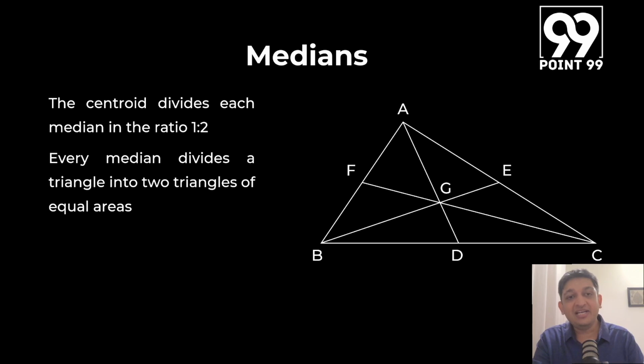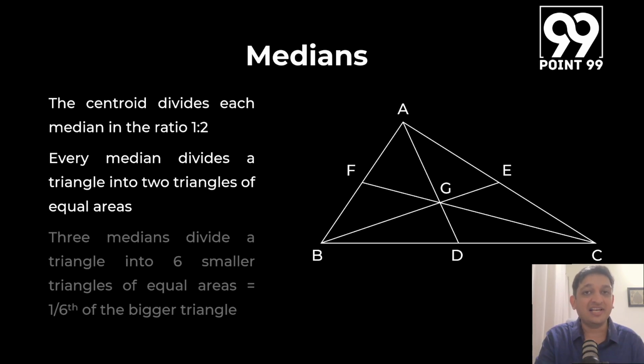Also, every median divides a triangle into two triangles of equal areas. If you look at the median AD here, the two triangles so formed, ADB and ADC, will both have equal areas, each equal to half the area of the larger triangle.